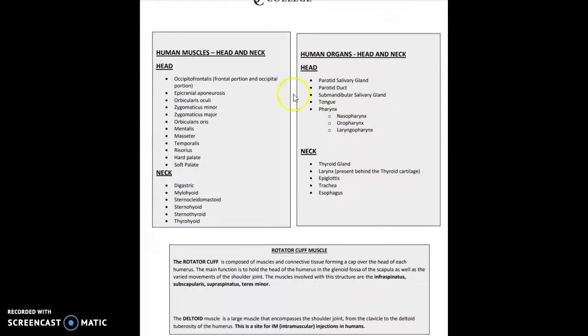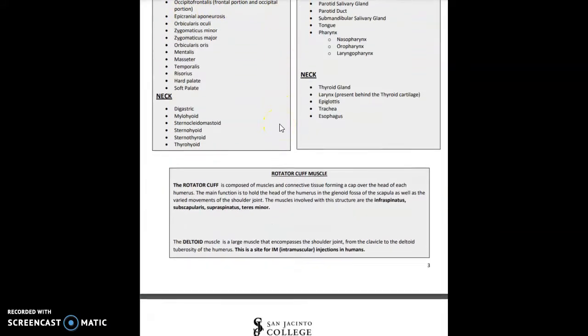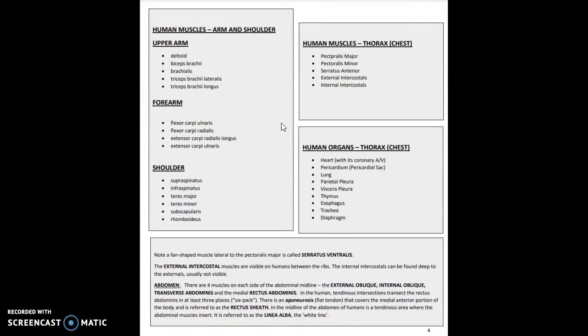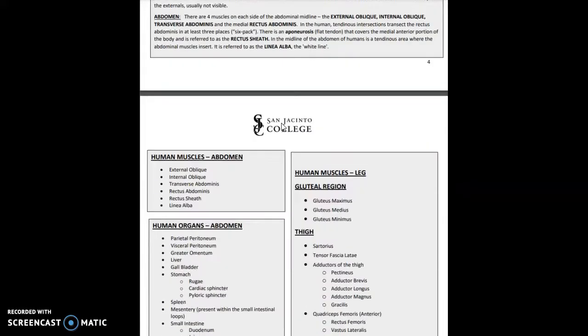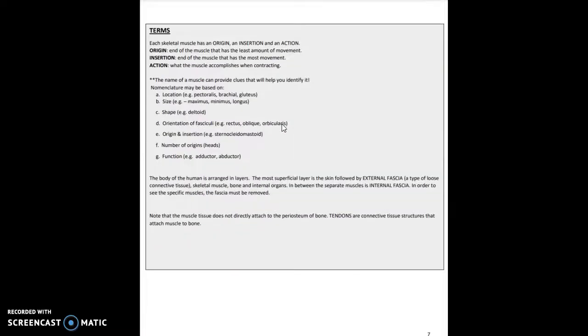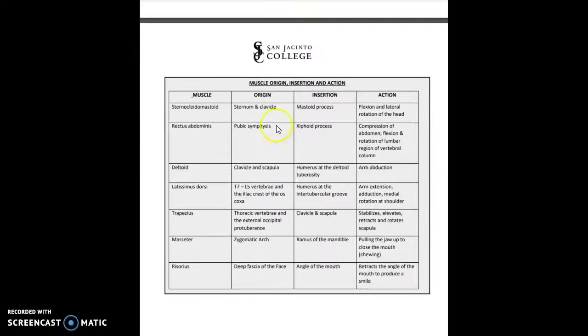And guys, we're going to have 20 or more questions about muscles. And then you have to be aware of the name and mainly the function. But we have some insertions and origins. Then we have right here, this.